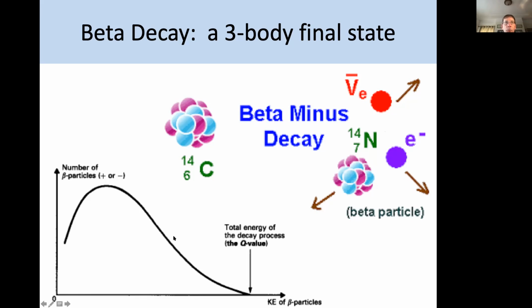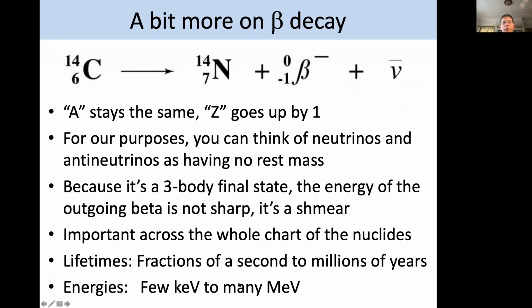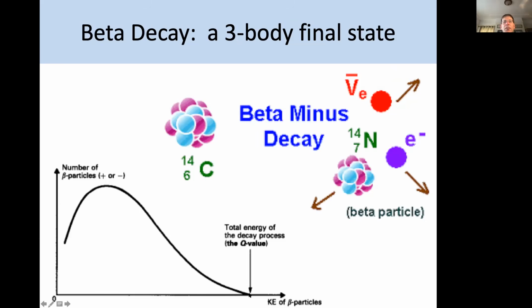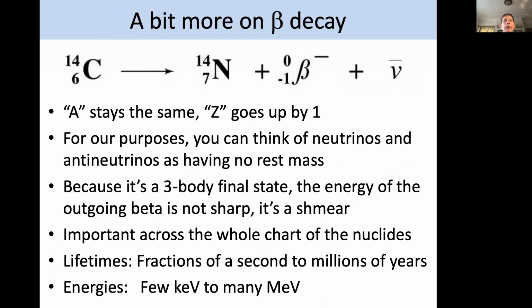It's a smear like this, so it's a continuum whose endpoint represents the limit where the neutrino comes off with very little energy and the electron takes all of the energy. The other end of the spectrum is where the neutrino takes all of the energy and the electron takes essentially nothing.